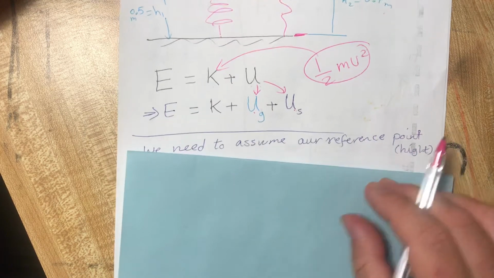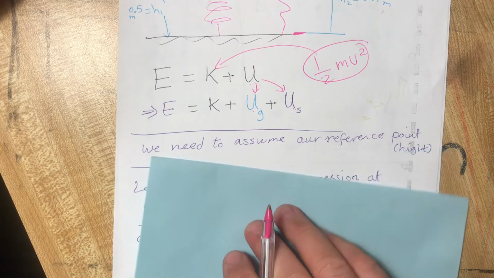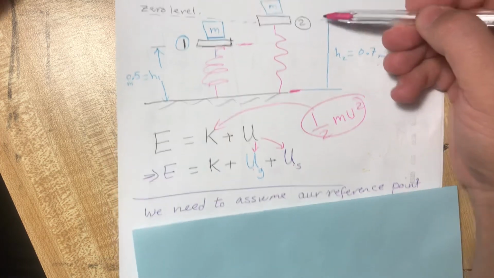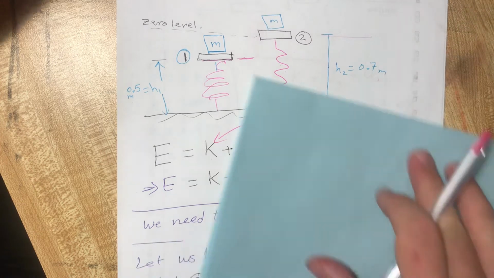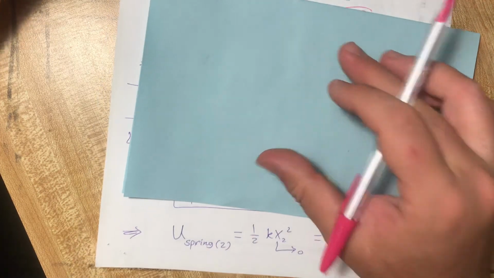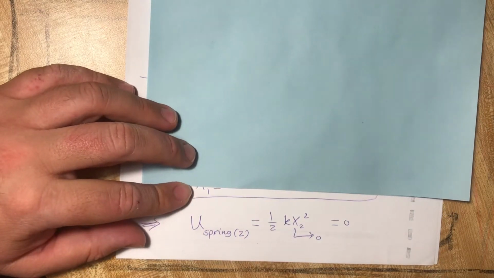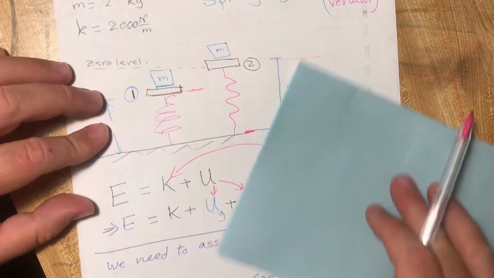Okay, now we need to assume our reference point or height. We assume it at the releasing point, point number 2. Also we need to know the spring compression at that point. It should be zero at this point.